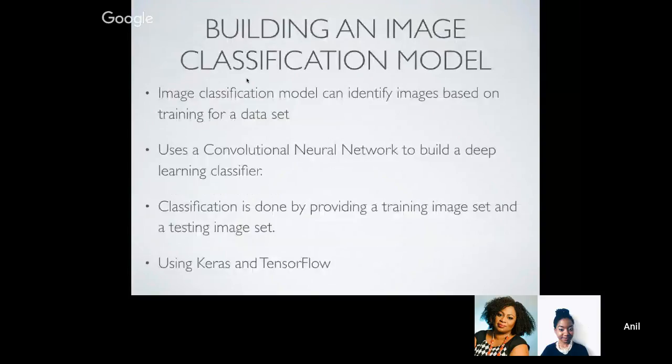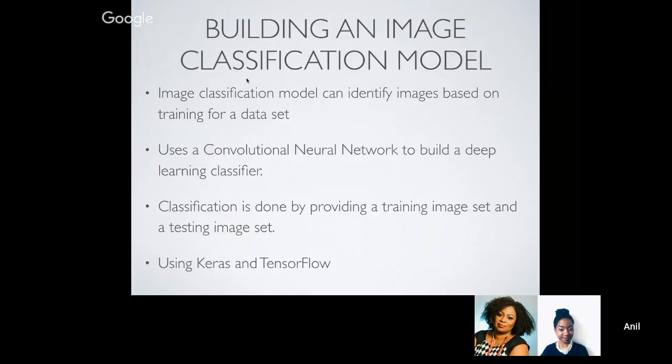So what I want to show you is, if you want to build your own model, we could build, for example, an image classification model based on a data set that we specify.